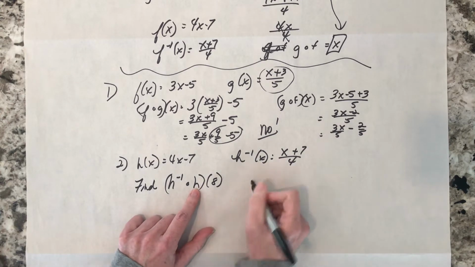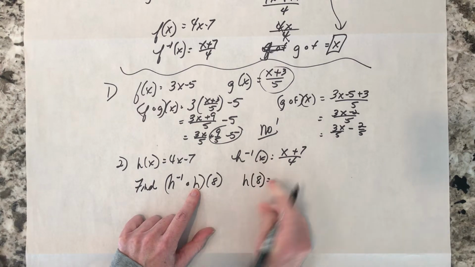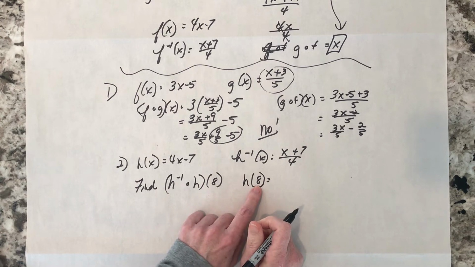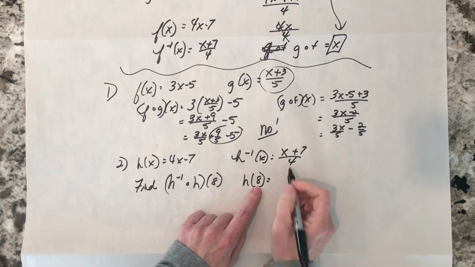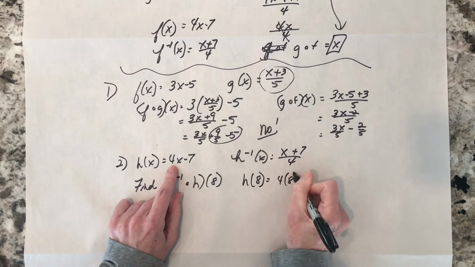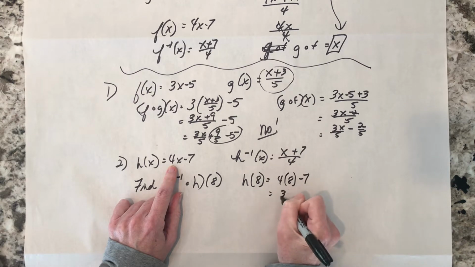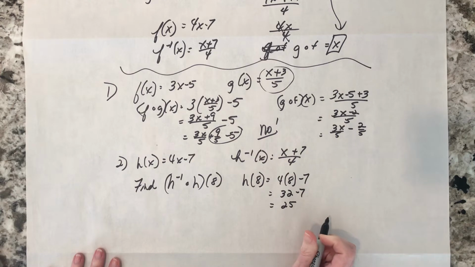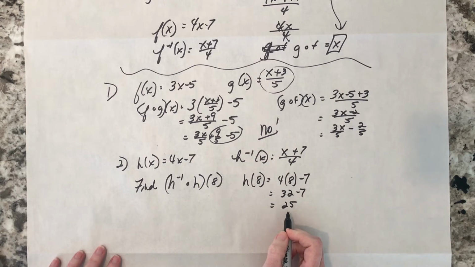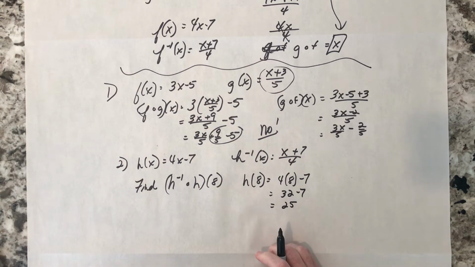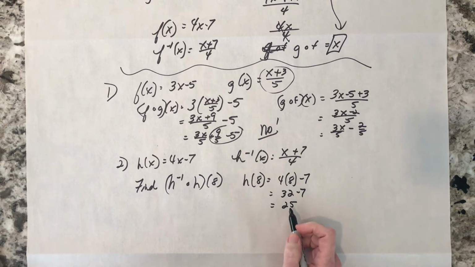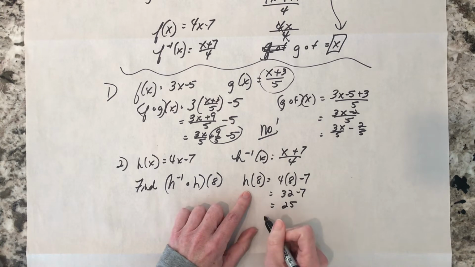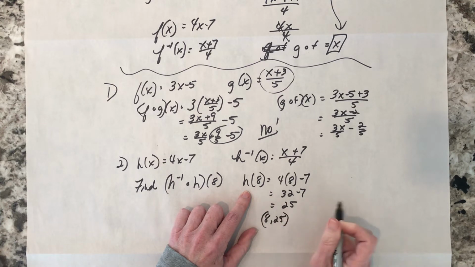When we do h of 8, we're going to grab the h function and plug in an 8. So we get 4 times 8 minus 7, 32 minus 7. We're getting a 25. So hold on to that 25, and we'll go further with that 25. h of 8 gave us 25. So when x is 8, we get a 25.